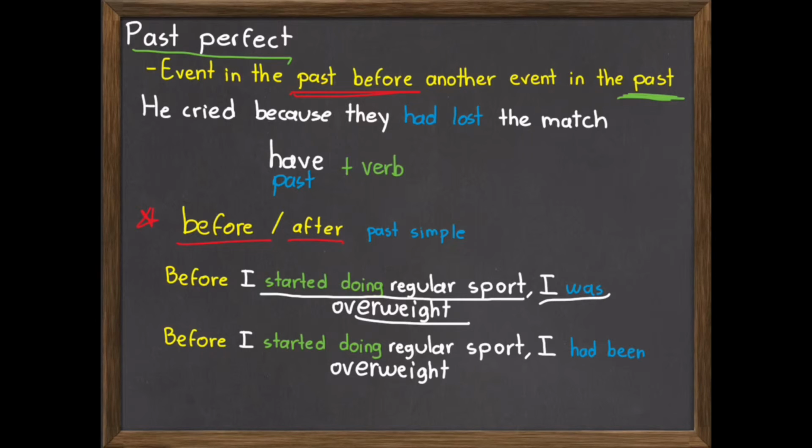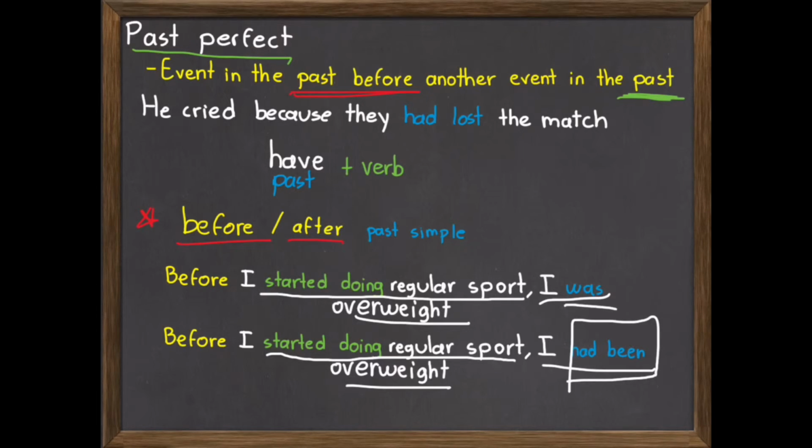Now, you could also use the past perfect. I had been overweight, and then I started doing regular sport. They both have the same meaning. One is with past perfect, and the other one is with past simple. You could still use them, and they would still have the same meaning.